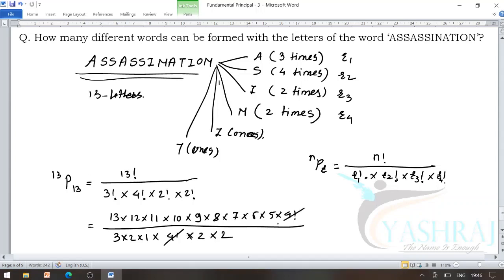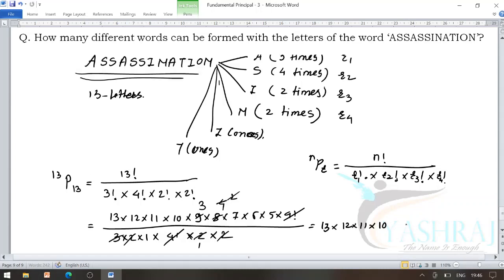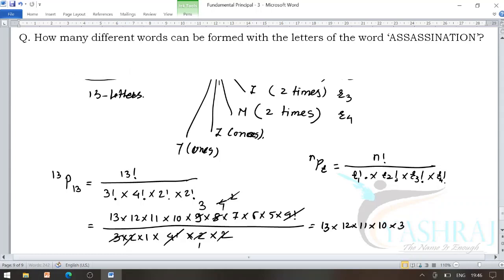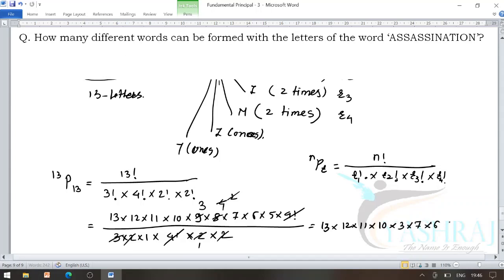So 2 factorial gets cancelled. Now 2 ones are 2, 2 fours are 8, 2 twos are 4, and this 2 and that 2 get cancelled, and 3 threes are 9. So we remain with the numbers 13 into 12 into 11 into 10 into 3 into 7 into 6 into 5.